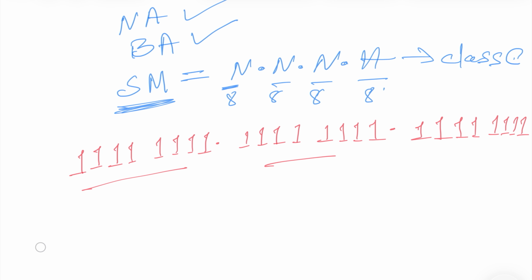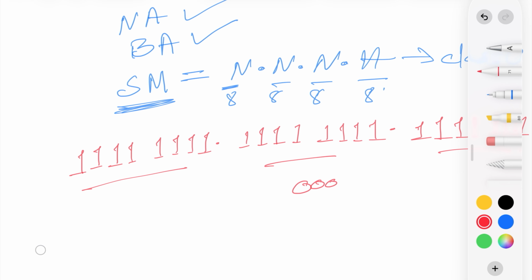So 8-bit, 8-bit, 8-bit, these are network, and the last will be for host. So let me change the color again.